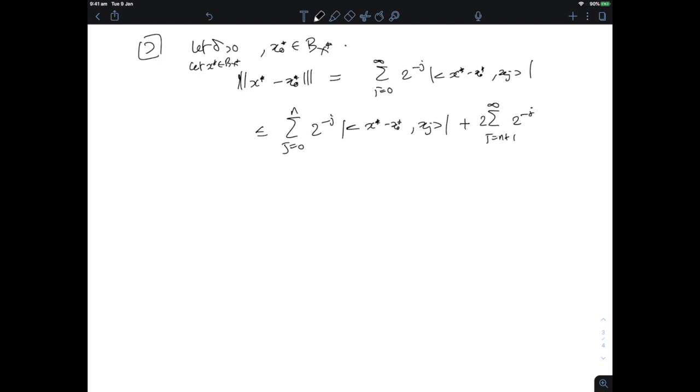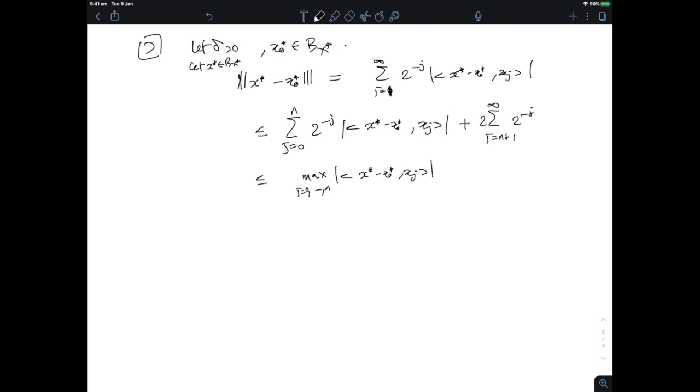So this entire thing is smaller than the sum j equals 0 to n of 2 to the minus j times x star minus x naught star applied to xj, which is certainly smaller than, let's say, the maximum of these quantities for j running between 0 and n, because the sum of the 2 to the minus j is, did I start at 0 or did I start at 1?